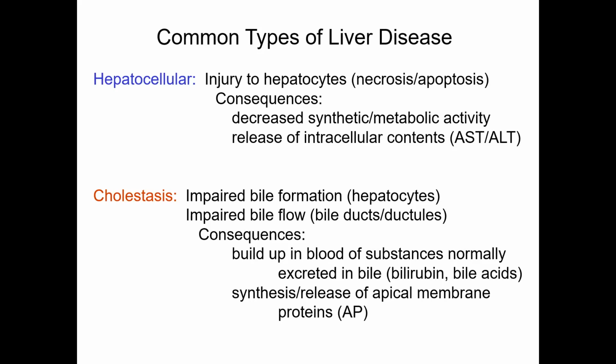On the other hand, another common type of liver disease is your cholestatic liver disease. In cholestasis, you have a problem of impaired bile formation, either because there are problems in the production within your hepatocytes or absorption of materials of your hepatocytes. There can also be impaired bile flow, like there's obstruction in your bile ducts, depending on the anatomic location of the obstruction.